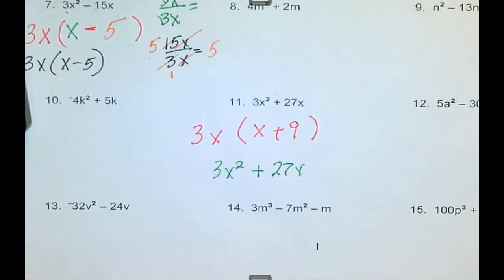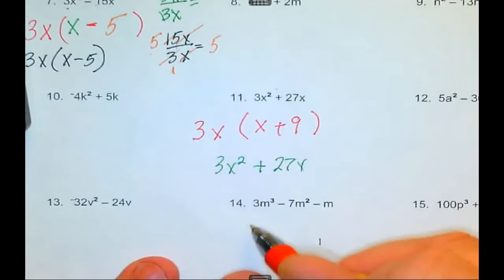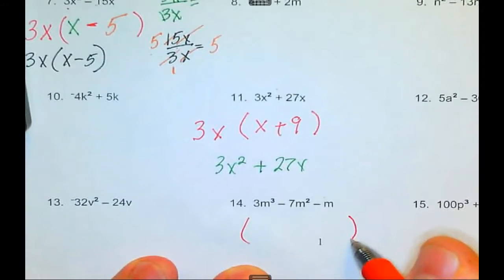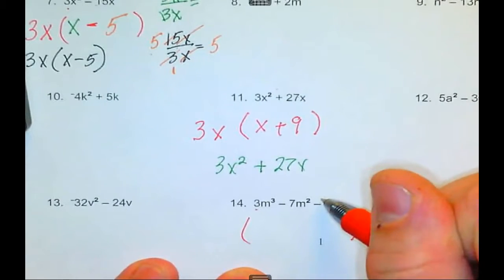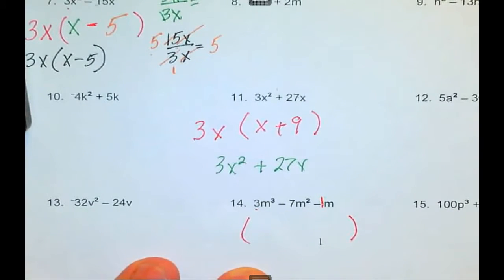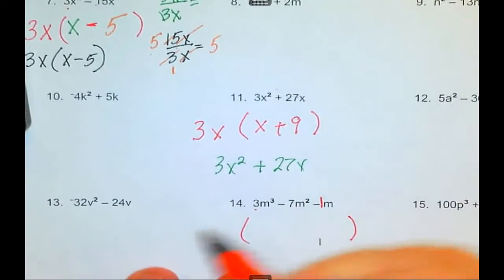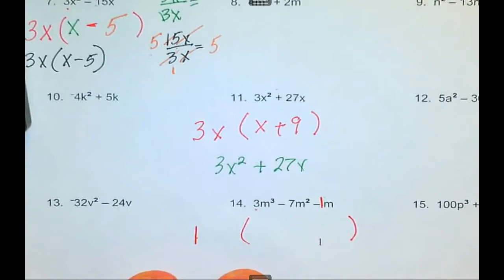How about 14? Okay, I'm looking at the numbers 3, 7, and 1. Don't forget, if there's not a coefficient there, there's a 1. Yeah, the only thing I can take out is a 1. I may not even need it. How many m's can I take out of each term? 1 m.